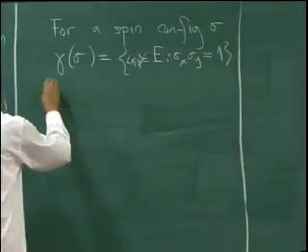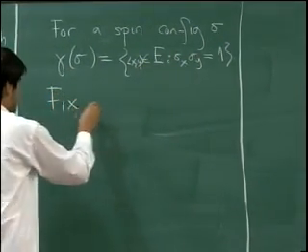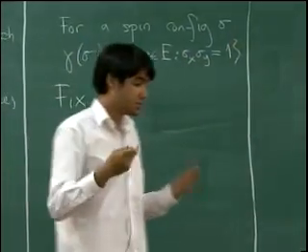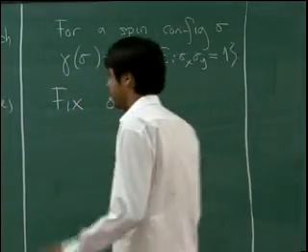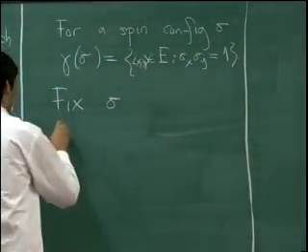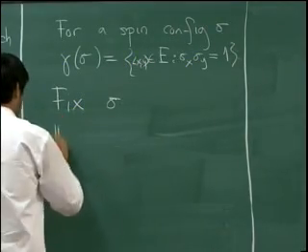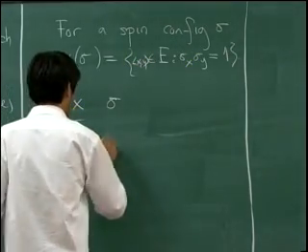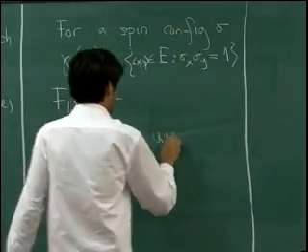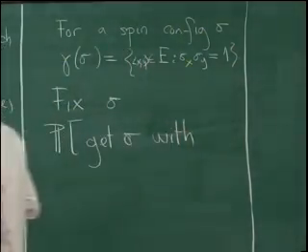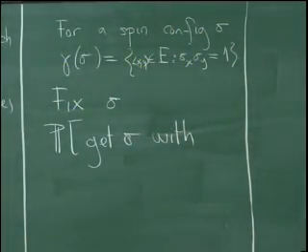So let's fix a configuration sigma, and look at the probability to get sigma with the procedure star.